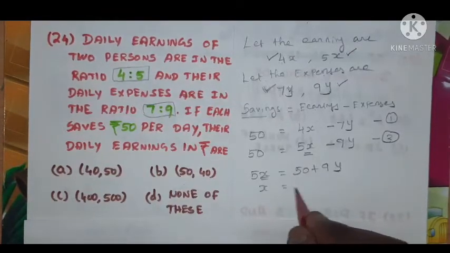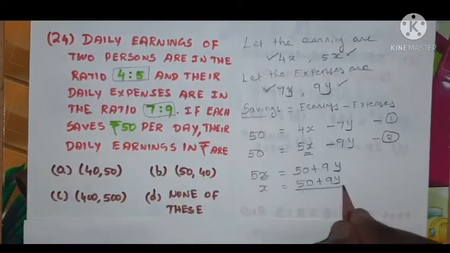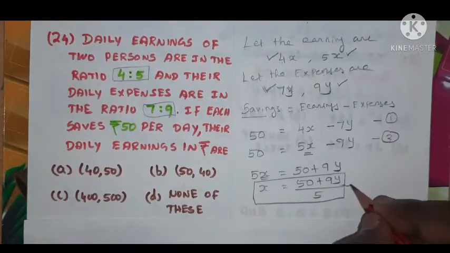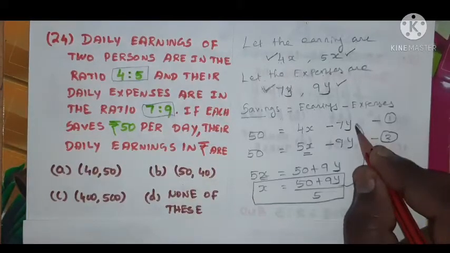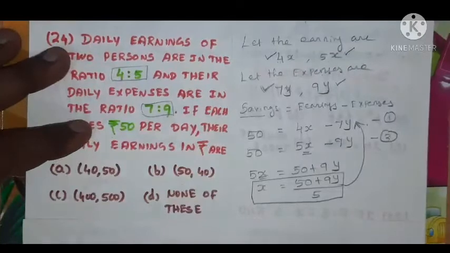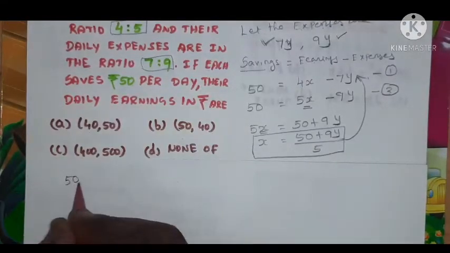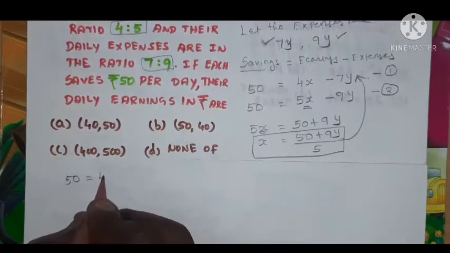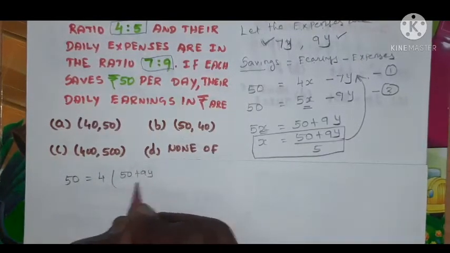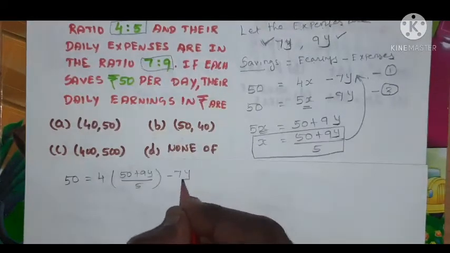So x is equal to 50 plus 9y divided by 5. Substitute the x value in equation 1. When I substitute, I will get 50 equal to 4 into x, which is 50 plus 9y divided by 5, minus 7y.